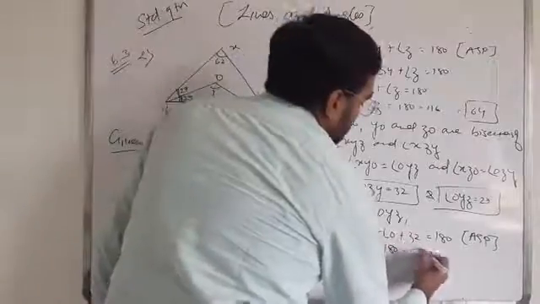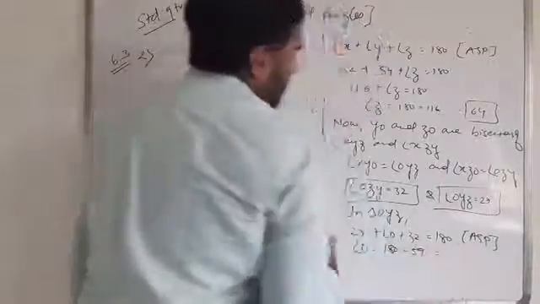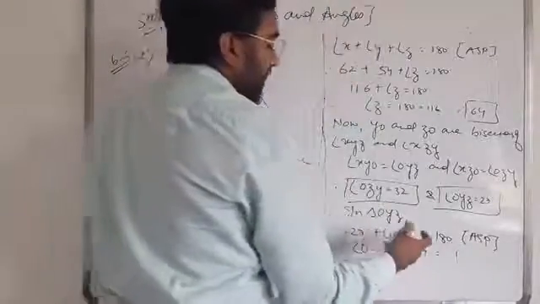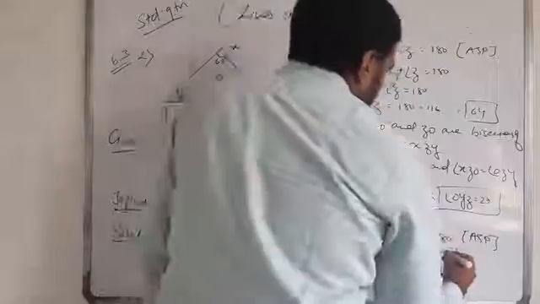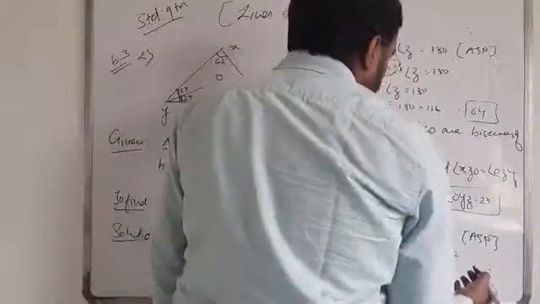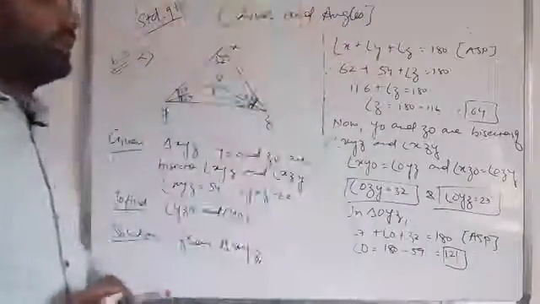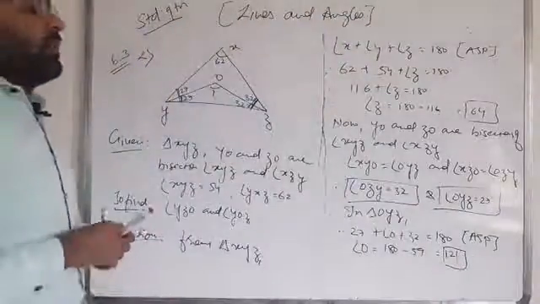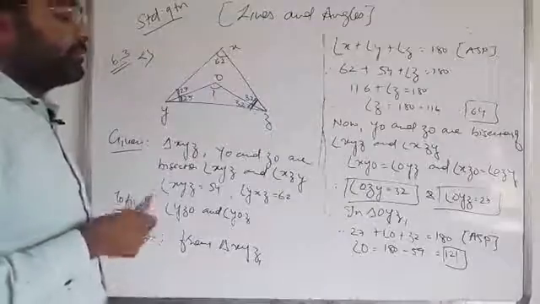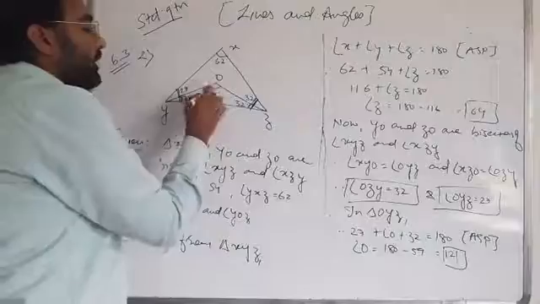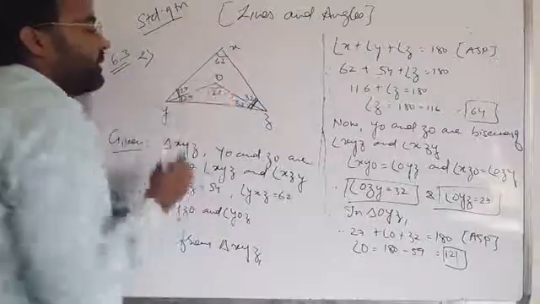So 180 minus 59 is 121 degrees. Okay, clear? Here my angle O is 121 degrees.